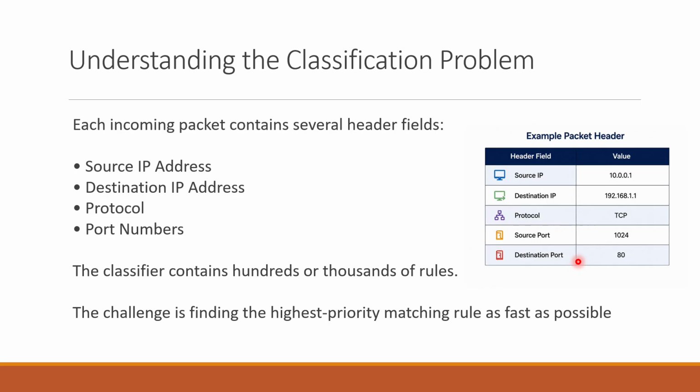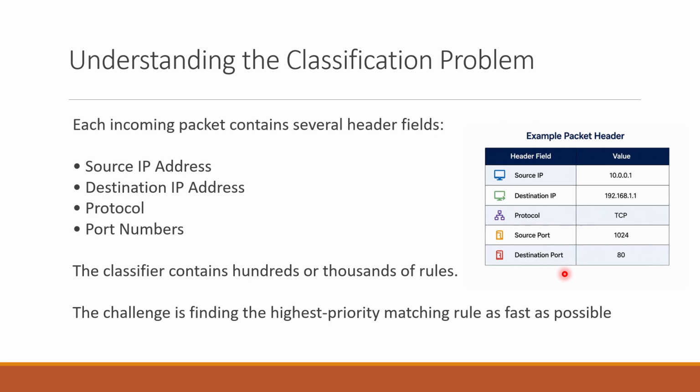Then the port: the source sent this packet from which port? As you see, port 1024, and the destination port we can see is 80.